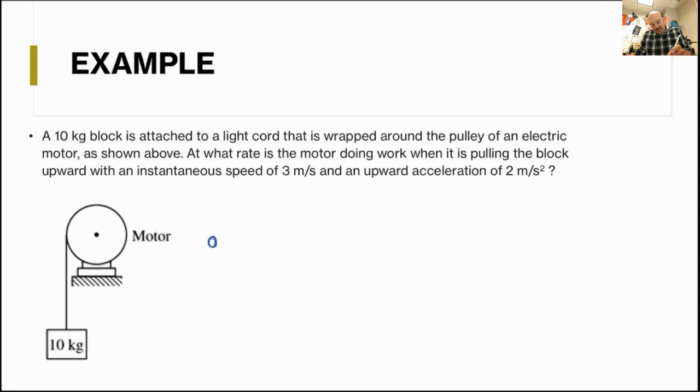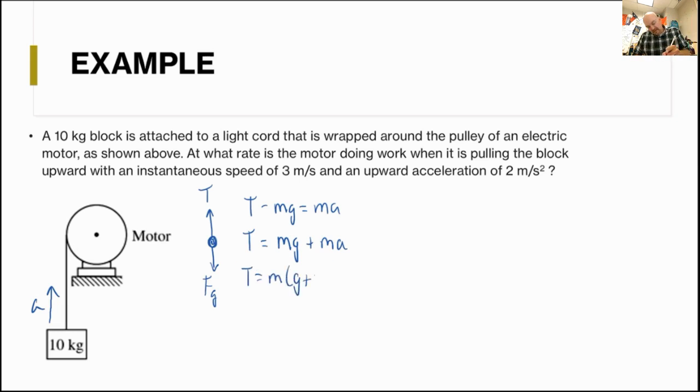So the first thing we need to do is figure out what is the net force acting on said object. We have the tension up, we have the weight down. So it's going to accelerate upwards, so we'll call tension positive, weight negative. Essentially we're finding the tension, but that ends up being the force we're looking at, right? That is the force that is creating what is happening.